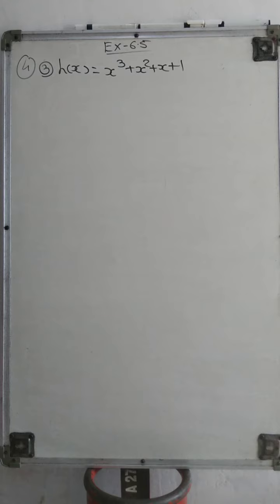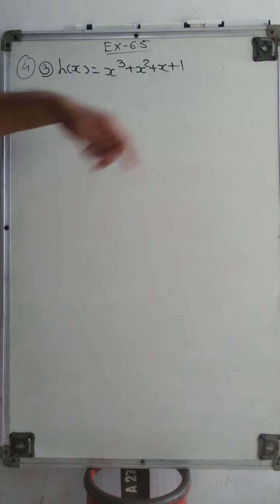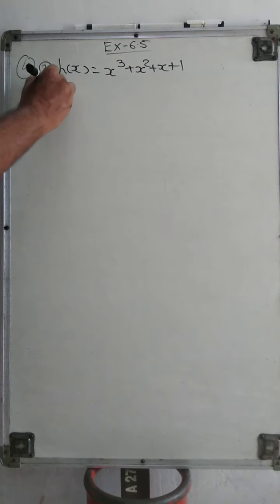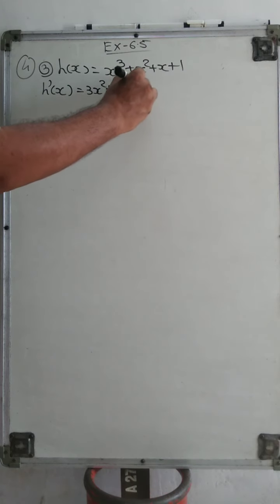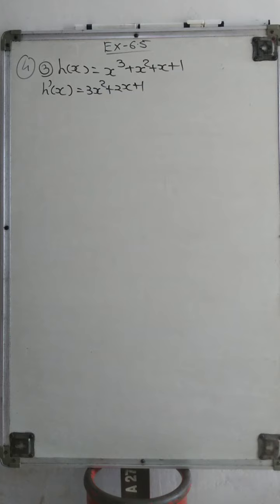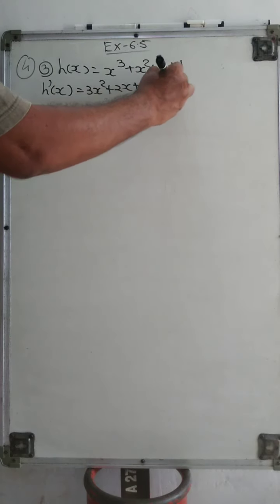Third sum is h(x) equal to x cube plus x square plus x plus 1. So h dash x is equal to 3x square plus 2x plus 1. Now here the factorization of this term is not possible, and it is always greater than 0.